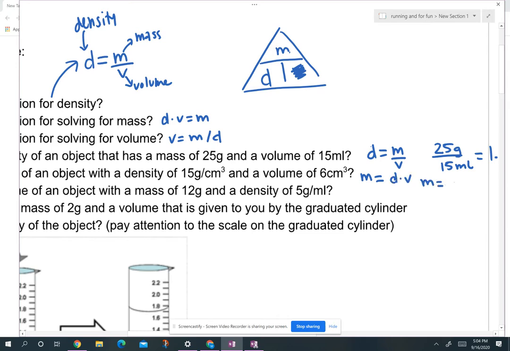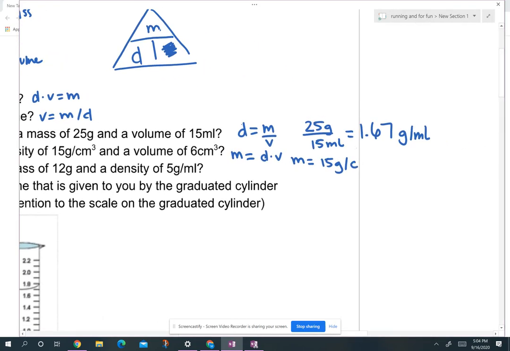So in this case, it's 15 grams per centimeters cubed, and I'm going to multiply that by 6 centimeters cubed. I see that my units cancel. So all I'm going to do is 15 times 6, and I would get 90 grams.